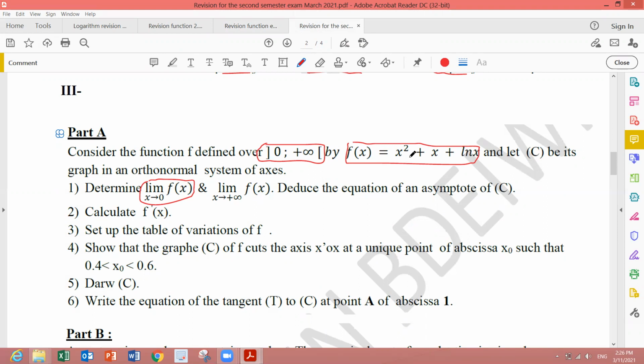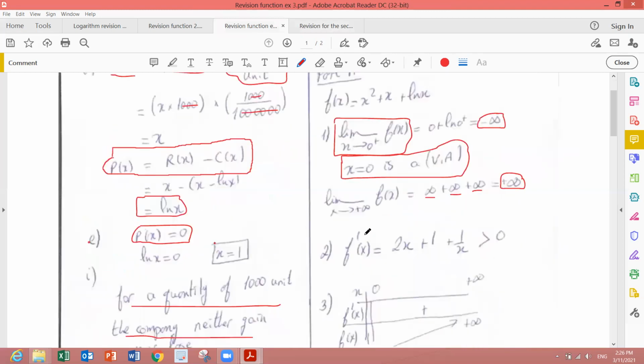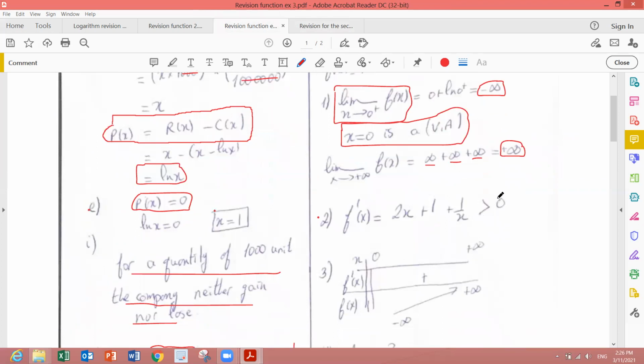So f prime of x will be 2x plus 1 plus 1 over x. It is positive for every x belonging to 0 plus infinity. It is not necessary to take the LCM. The x is positive, so it is positive.